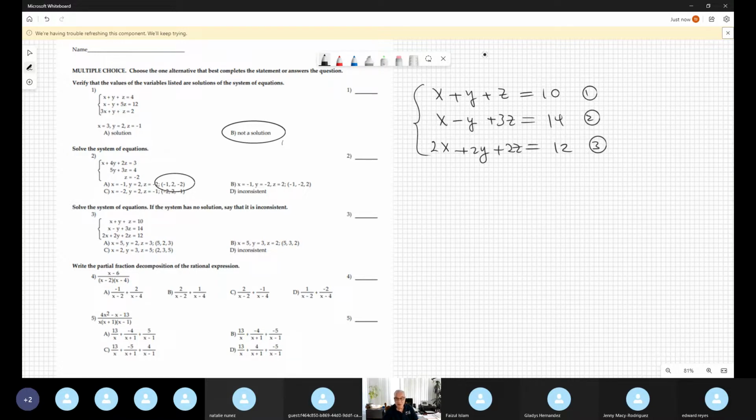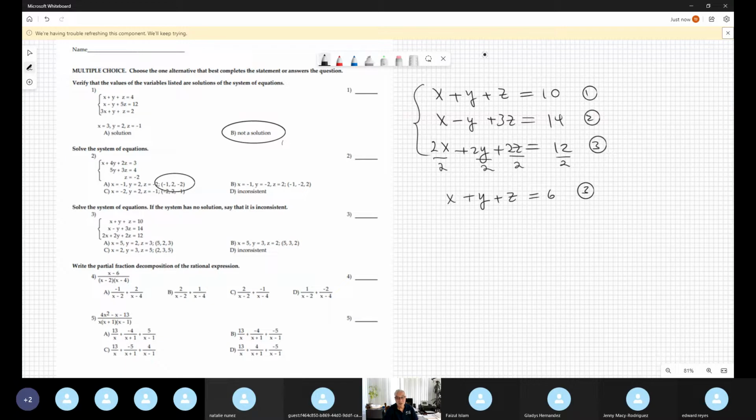In the last equation, number 3, every coefficient is 2, 2, 2, and 12. It's divisible by 2. So you can divide equation 3 by 2. When you divide or multiply by a number, the equation is the same. It's dependent. We have x plus y plus c equals 6.